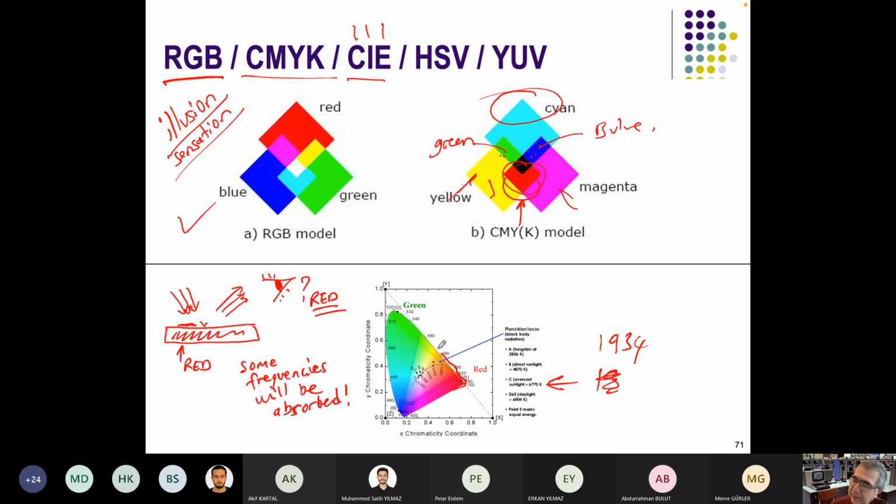These are the colors in the rainbow, and the rest is the color that we can see. You have the x-axis, y-axis, and the z-axis. Z is actually 1 minus x minus y. Therefore, x plus y plus z is equal to 1, and that is the CIE model.